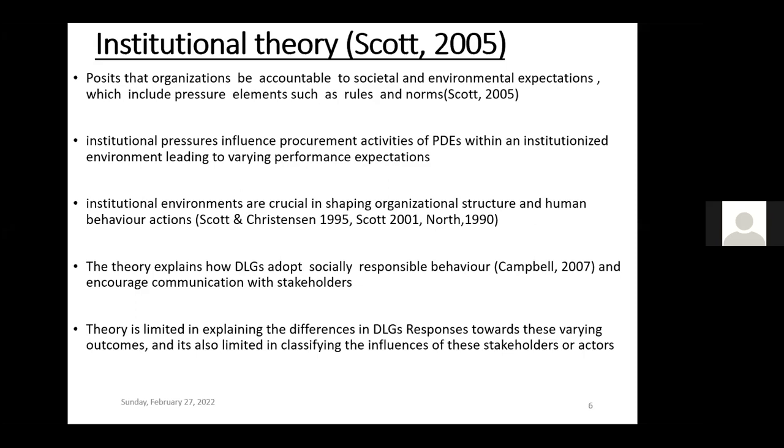However, this theory is still limited in explaining the outcomes of the roadworks contracts, where some districts are performing very well and others are performing poorly. And because of this, the theory cannot fully address the outcomes from the behavioral aspects of the technical personnel.